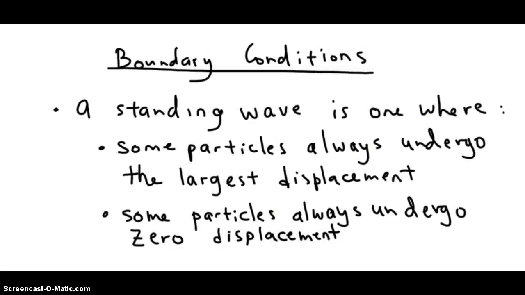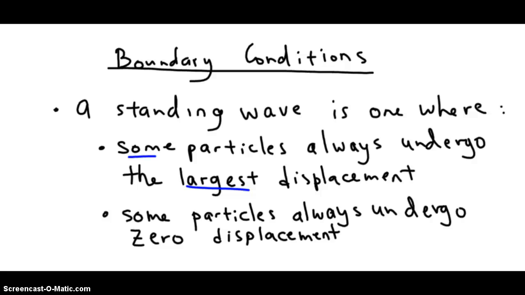Here's how we can describe a standing wave. We can define it according to this property we've just observed. A standing wave is one where some particles always undergo the largest displacement, the ones on the crests and troughs, the ones moving between compression and rarefaction.